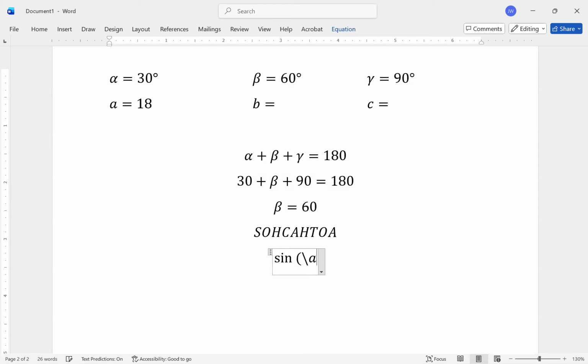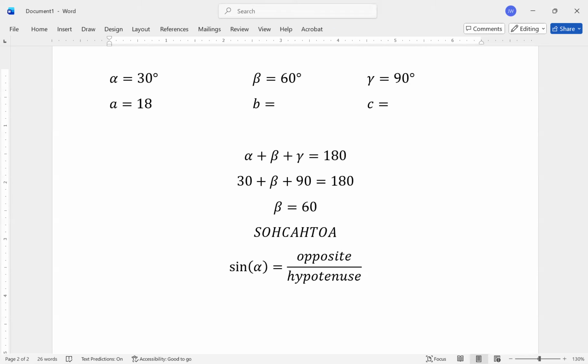And if you remember what SOHCAHTOA says, it says that the sine of an angle, like for instance, the sine of angle alpha, in a right triangle, is equal to the side opposite divided by the hypotenuse. So the opposite over hypotenuse.